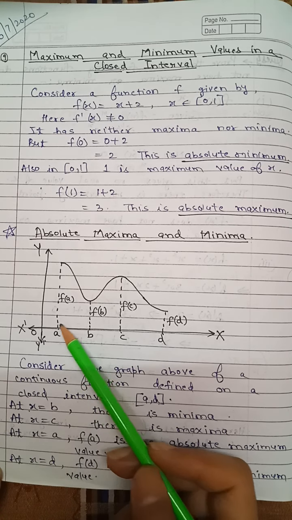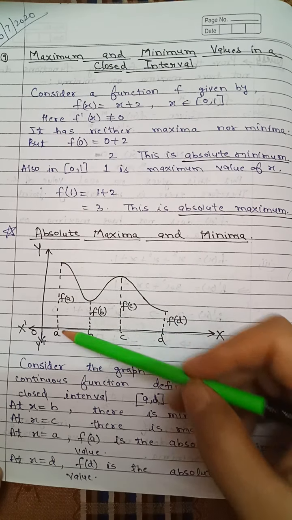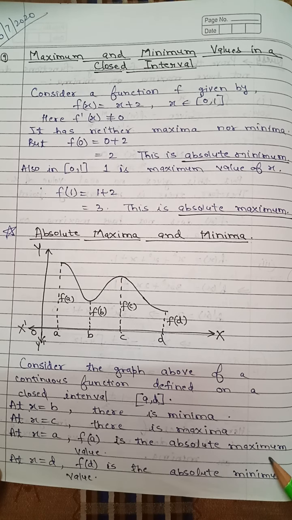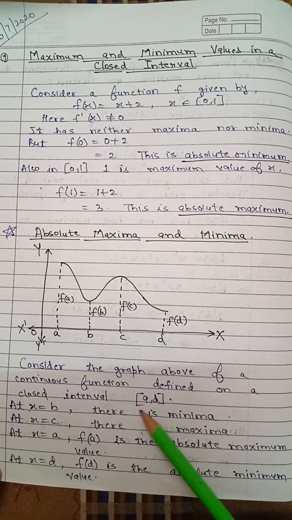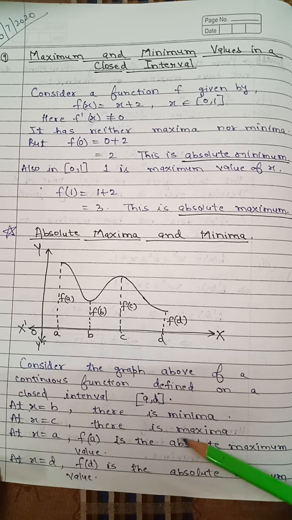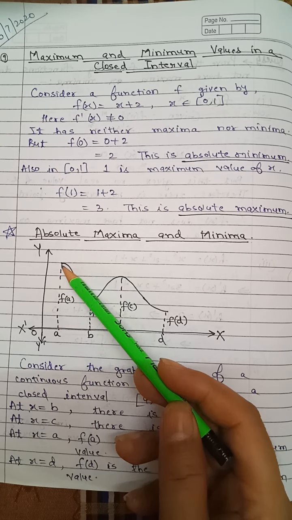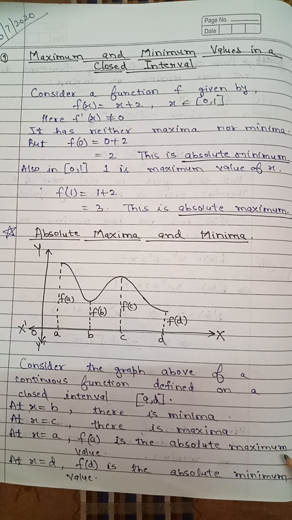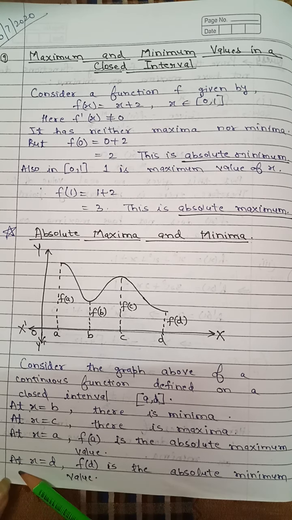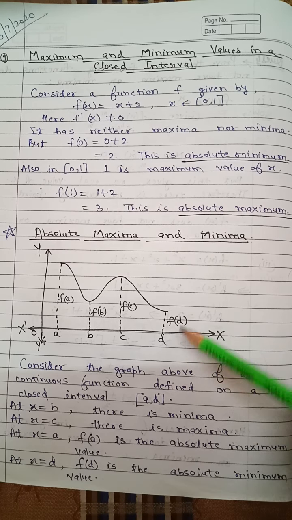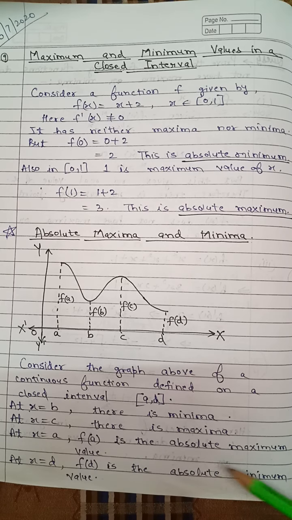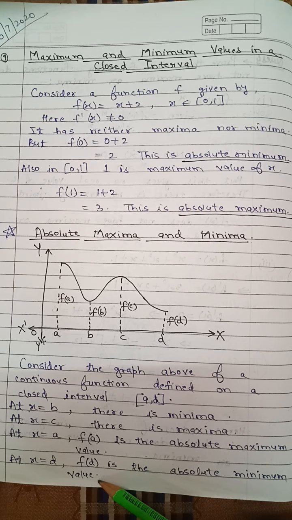But at x = a, f(a) will be the absolute maximum value. It means according to the interval we have to see where the maximum exists. So at a we can see that f(a) is the absolute maximum value. At x = d, f(d) is the absolute minimum value.